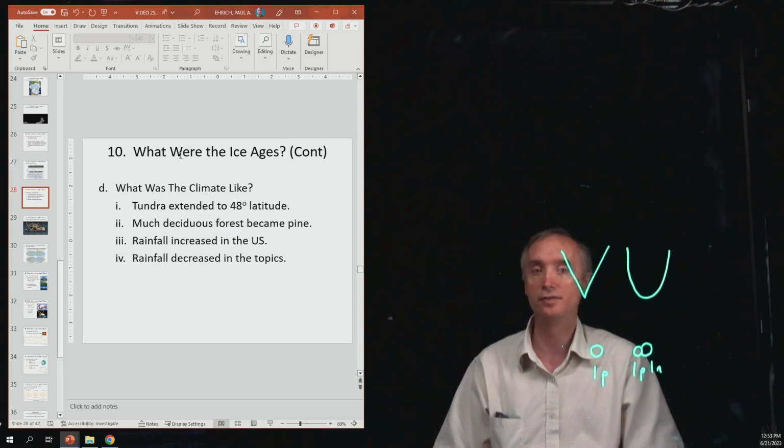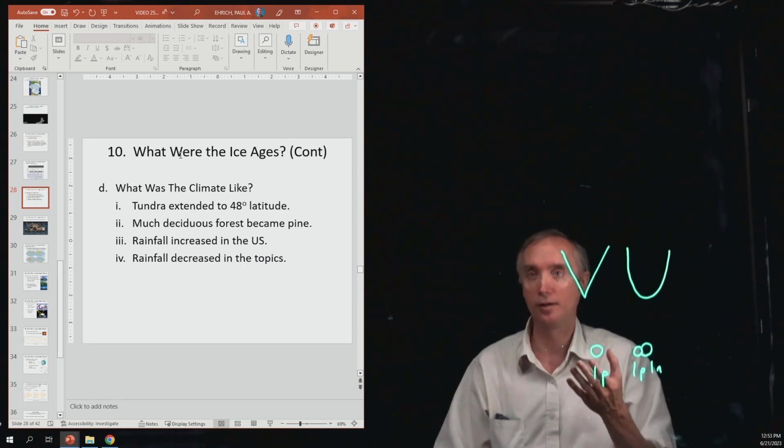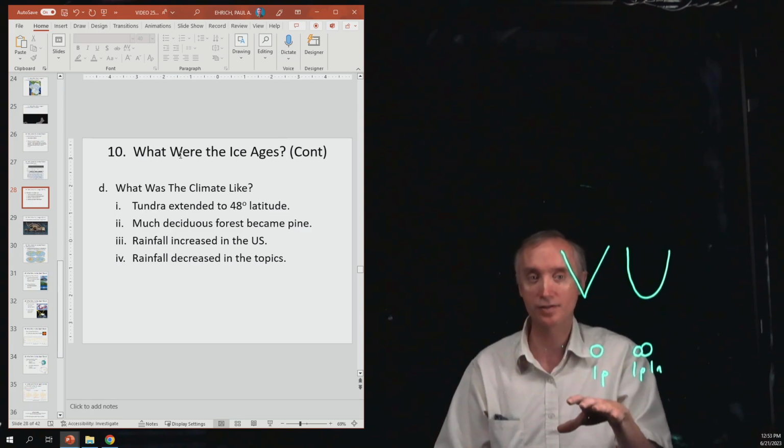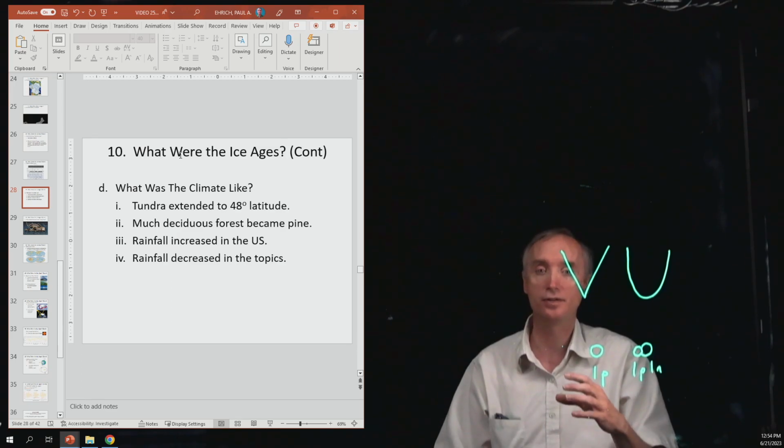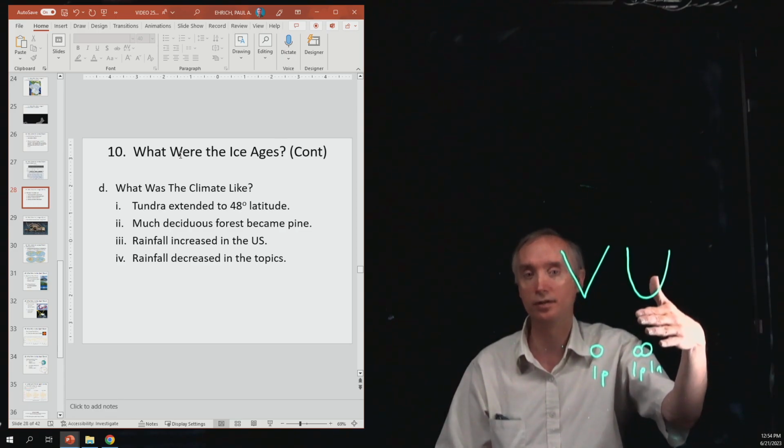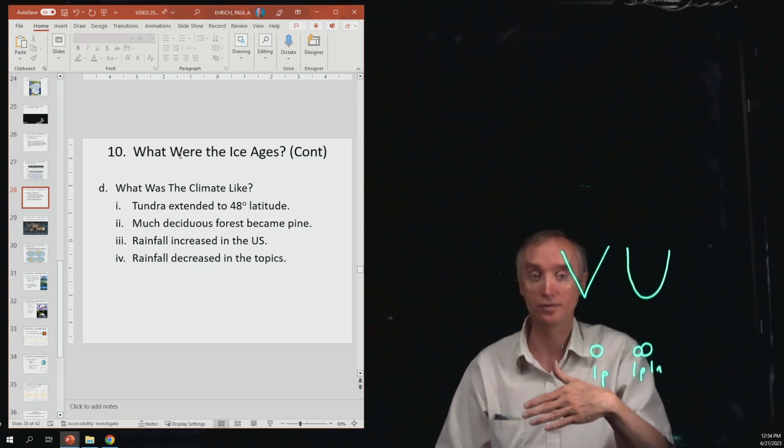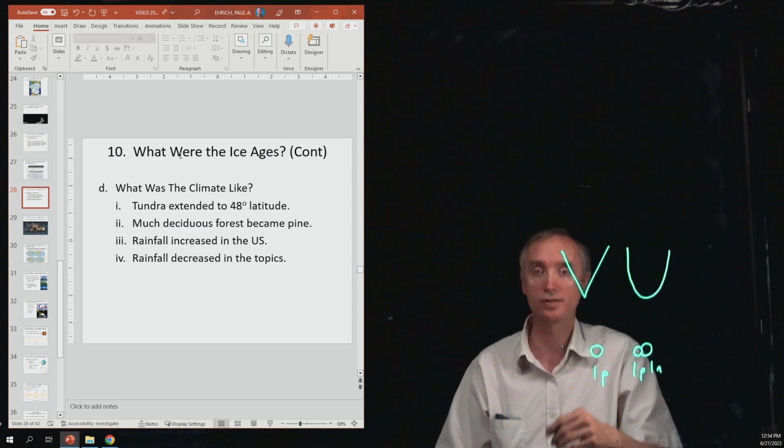The tundra is areas where you don't have very many trees, if at all, and it's all grasslands. Today the tundra is up in Canada, but during the ice ages, it would have extended much further south than it does today.